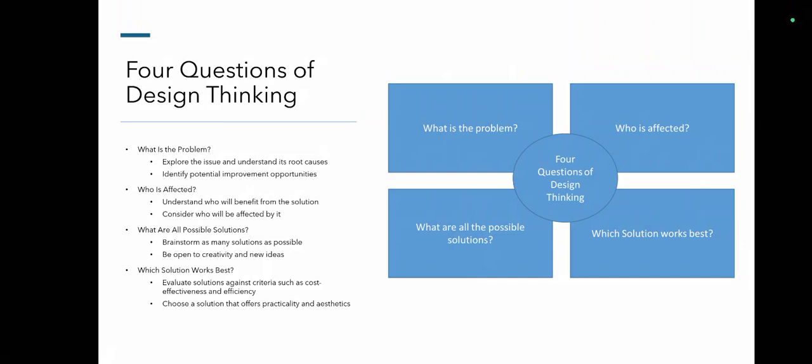Next one, what are all the possible solutions? So we cannot stick to one solution. I have identified the problem, I have got a thought and given a solution to it. It should not be like that. So there should be a team, and an ideate process. You need to have n number of ideas.